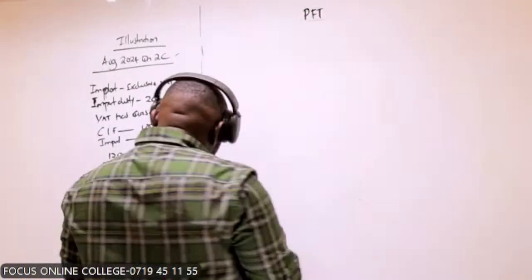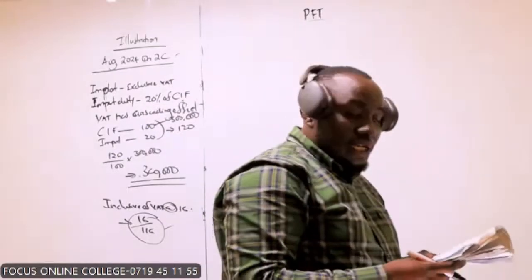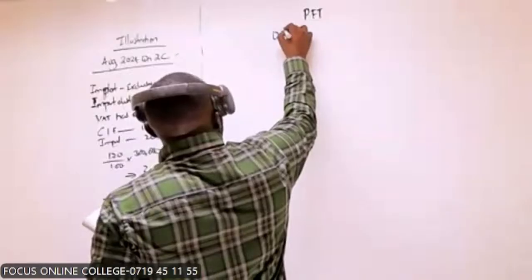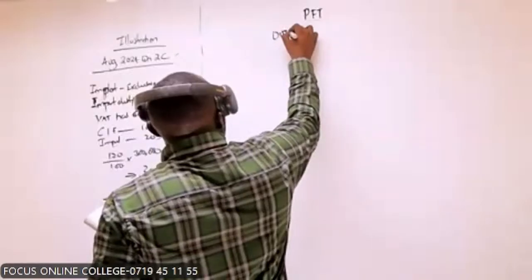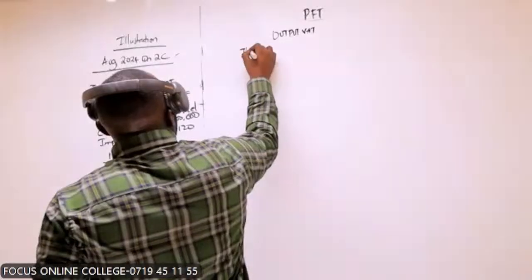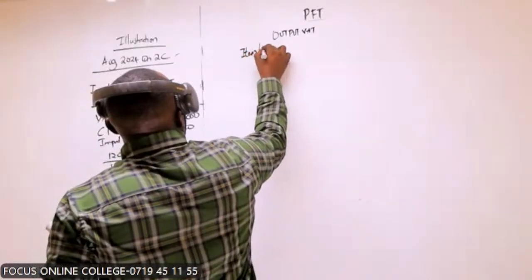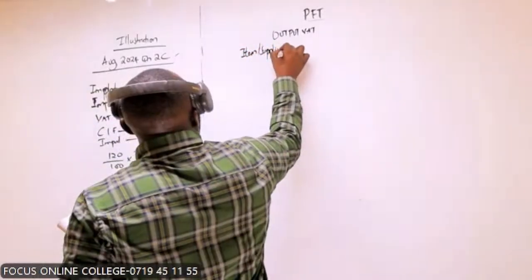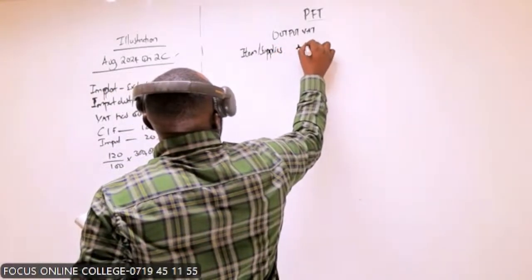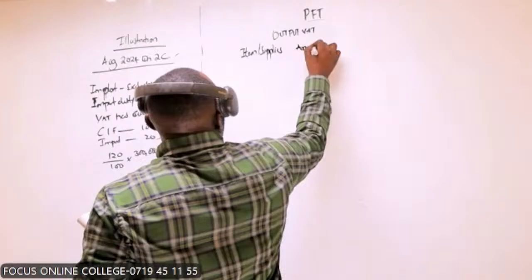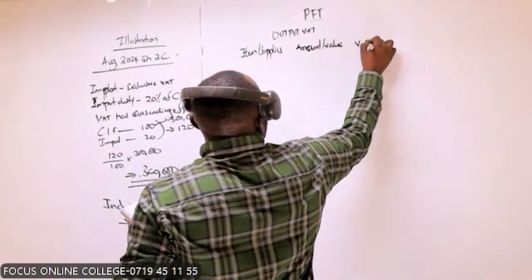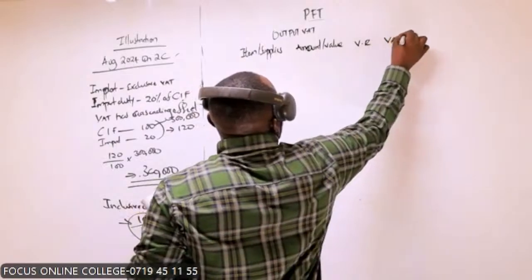So the first thing we are being asked is the output VAT. So we're being told to get what's called output VAT. Look at it: items, supplies, then we have the amount, the value, the VAT rate, then you have the VAT.